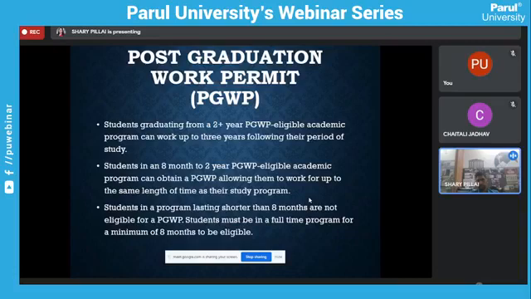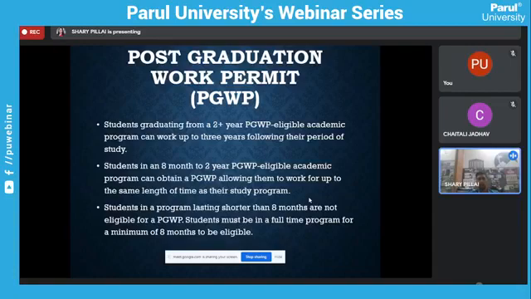That means if you are studying a 2 year program, you will get a 3 year post graduation work permit, right? Students in an 8 months to 2 years PGWP eligible academic program can obtain a post graduation work permit, allowing them to work up to the same length of time as their study.